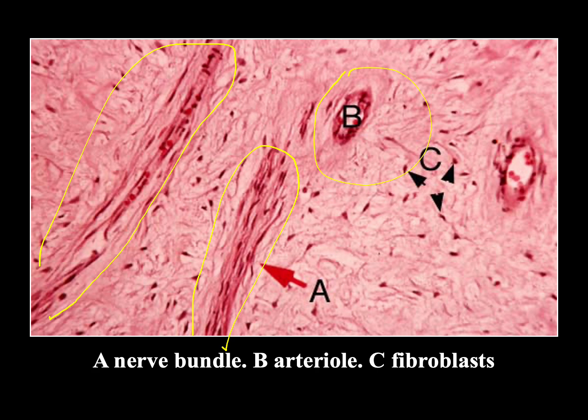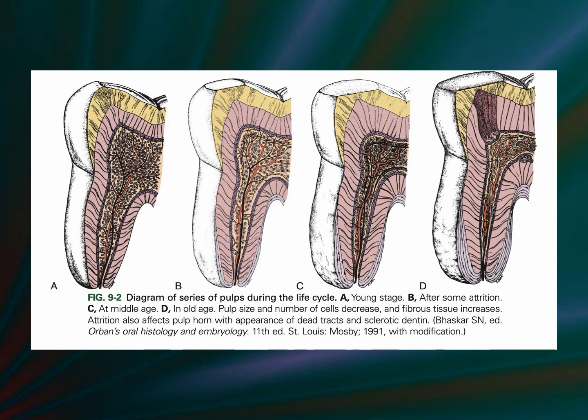How different is it from the blood vessels, which have a lumen and most probably have some blood cells inside? This is what we are going to see when we have histological sections of the pulp under the microscope. In the next part, we are going to discuss the age changes that happen in the dental pulp.